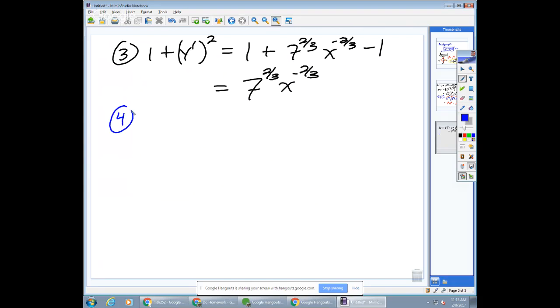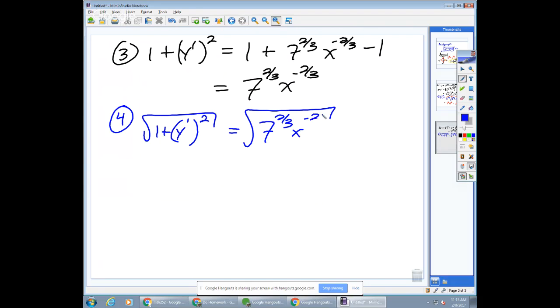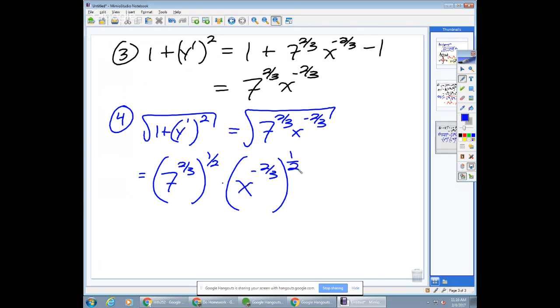So step 4 is the square root of 1 plus y prime squared, which means I have to take the square root of that 7 to the 2/3 x to the negative 2/3. And that's kind of cool because the square root is what power? The 1/2 power. So that's going to give me 7 to the 2/3 to the 1/2 times x to the negative 2/3 to the 1/2, because we can distribute powers over multiplication.